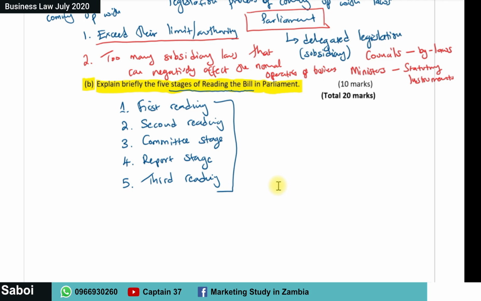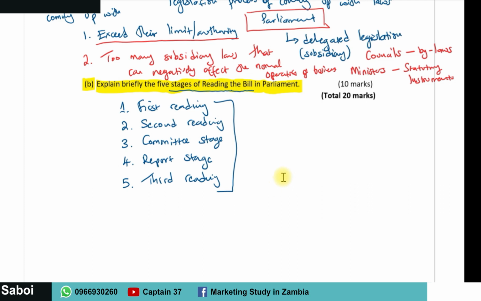And this report is going to make suggestions or recommendations of what changes to be made to the bill. Then there is the third reading, where the bill is brought back for further debate and anything else that may be related to that particular bill before it is voted on and it goes to the president for assent.